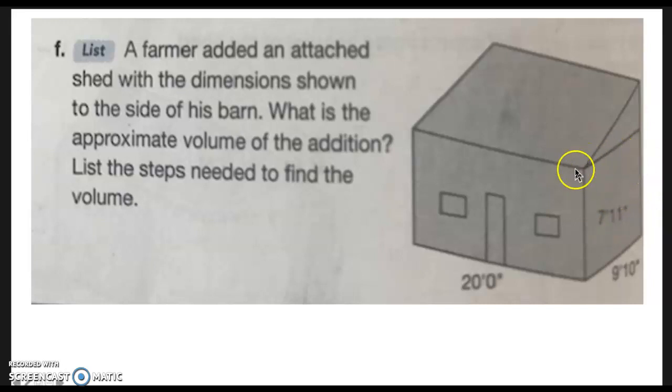So find the volume of our rectangular prism, which is going to be the base. Our base, remember, we're rounding this to 8 times 10. We rounded that to 10. So 8 times 10 is 80. And we're going to multiply that by 20. So we're going to get 1,600 feet. Now we're going to find the volume of this triangular prism.